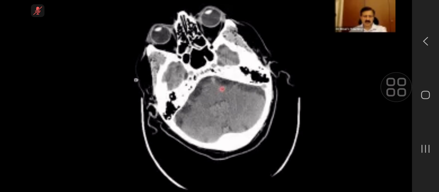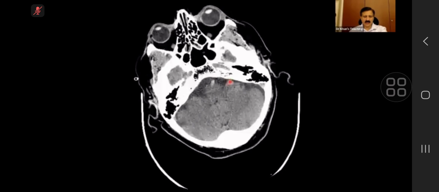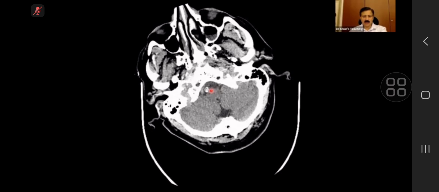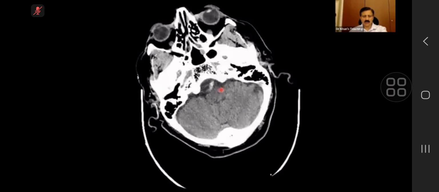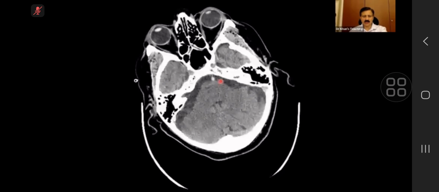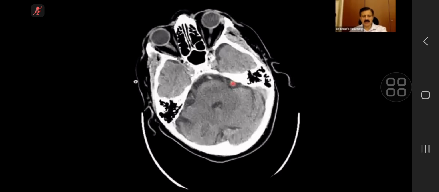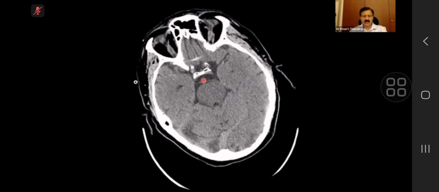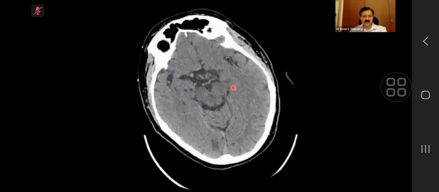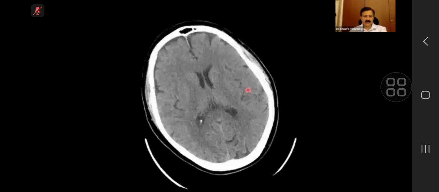But here, definitely, you are a bit confused. Is part of it a thrombus or is there calcification? But as we come here, there is definite high density. And then it becomes normal density.